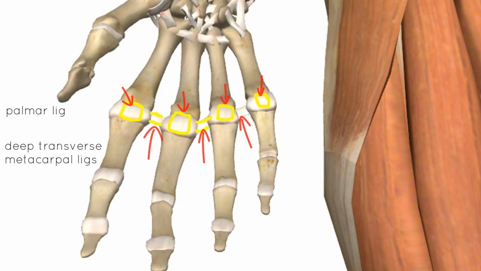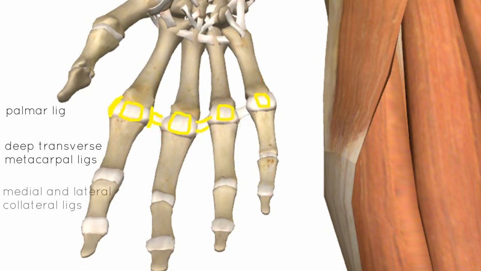It's important to note that there isn't actually one between metacarpal 2 and 1, because this would really restrict movement. And then on the sides of the joint, you've got collateral ligaments, so medial and lateral collateral ligaments.